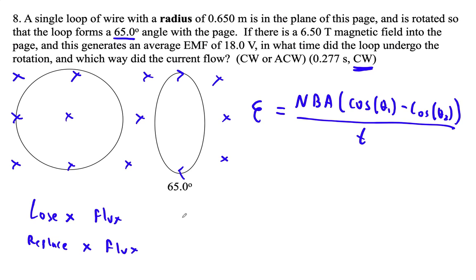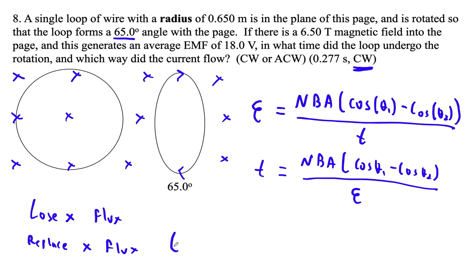So our time is going to be NBA cos theta 1 minus cos theta 2 divided by the EMF.